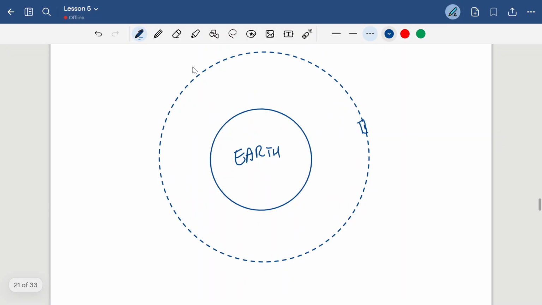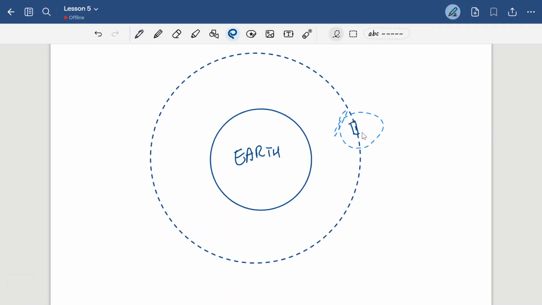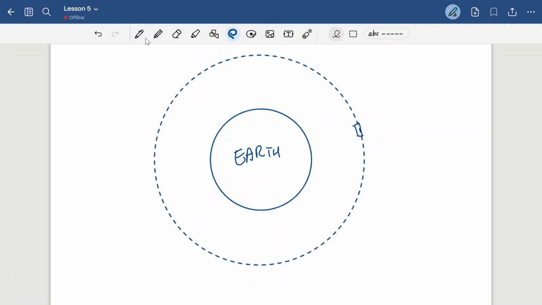Earth's gravitational force provides the centripetal force, and in this case, it provides exactly that.